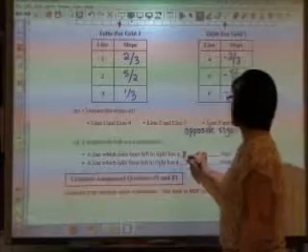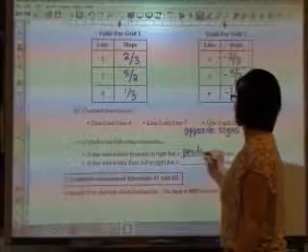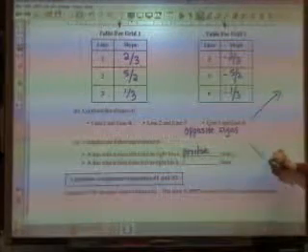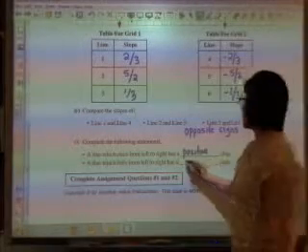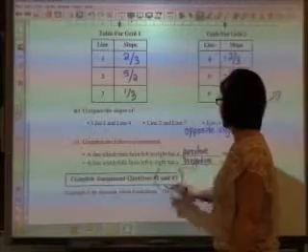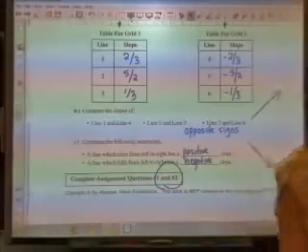Positive slope. And if it falls from left to right, it will have a negative slope. Okay? Work on questions 1 and 2, please.